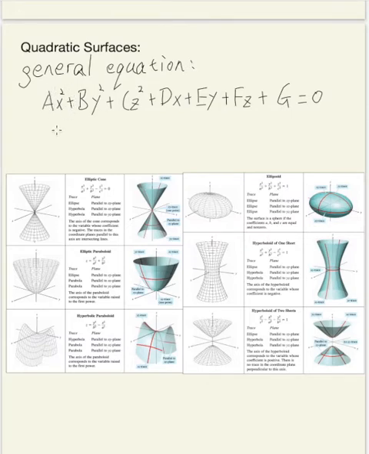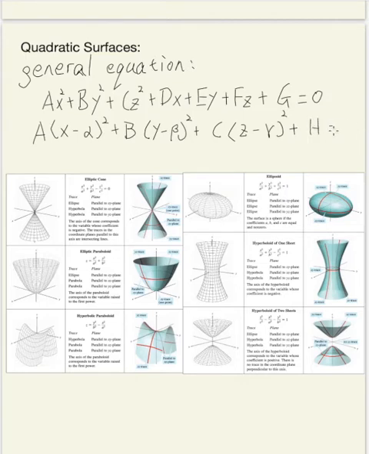So eventually, you're going to end up with a times x minus alpha squared plus b times y minus beta squared plus c times z minus gamma squared plus a constant, say h, equals 0.